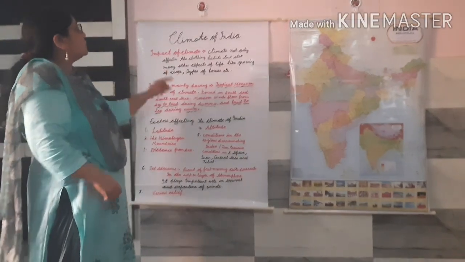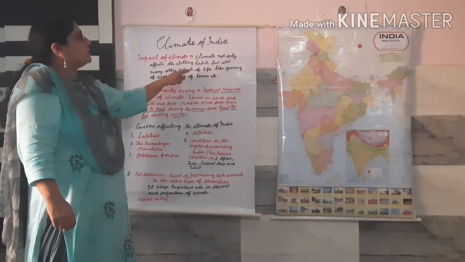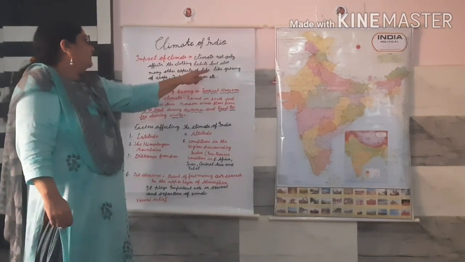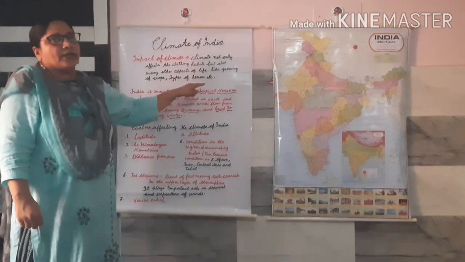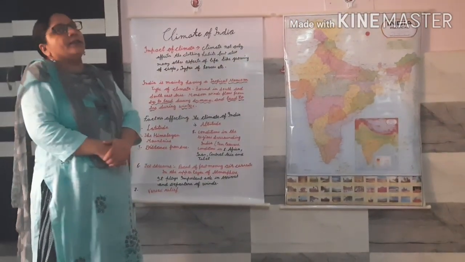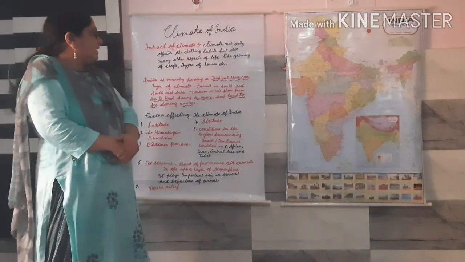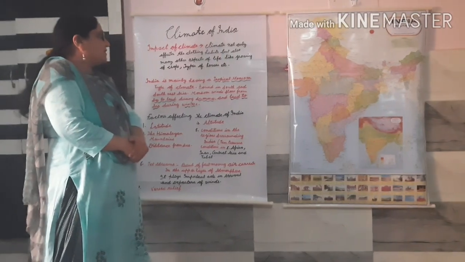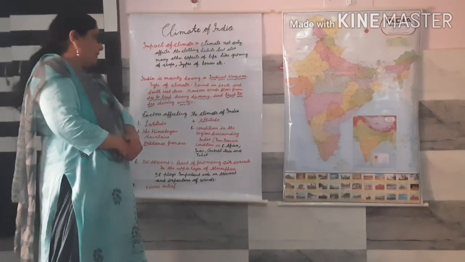Climate affects many other aspects of life, like growing of crops and types of houses. According to the climate, people grow different crops and live in different types of houses. Our housing pattern, our cropping pattern, and our clothing habits all depend upon the climate.